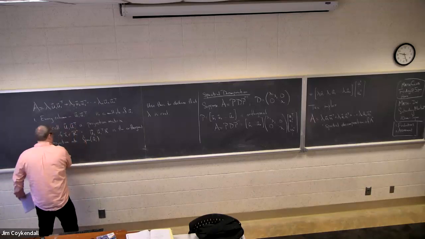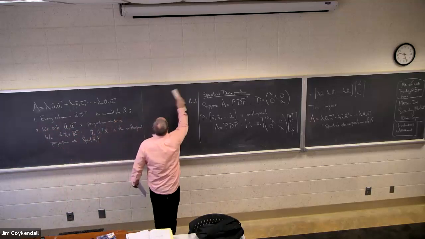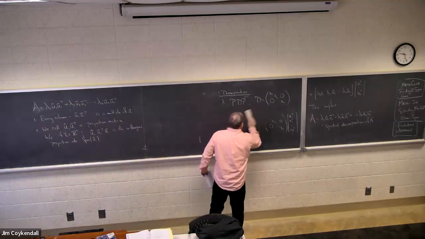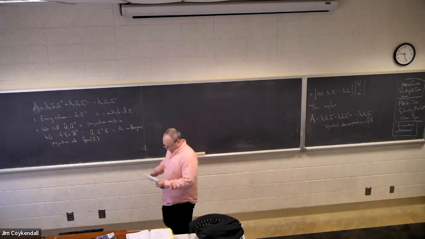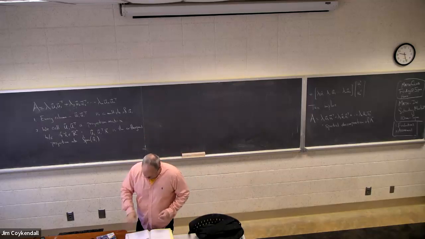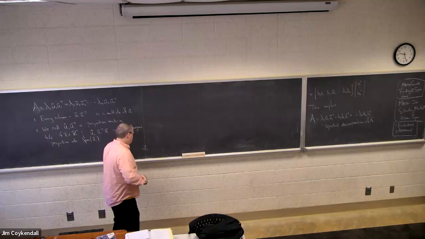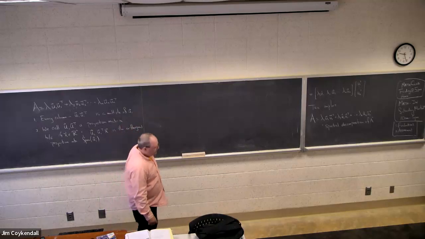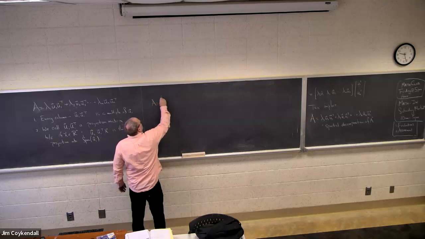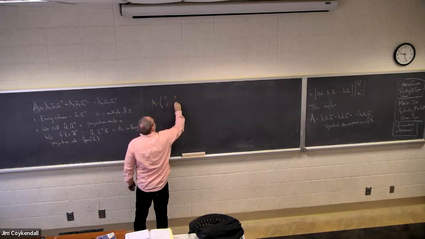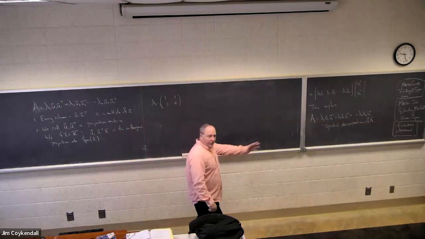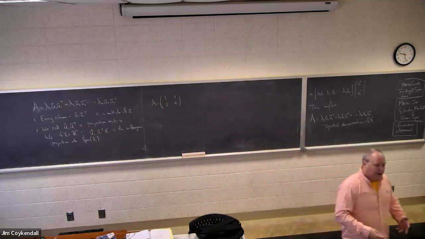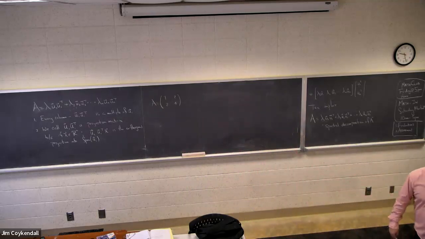So let me write down this matrix here. And let's build this thing here. Okay, so notice this is a symmetric matrix, so I should be able to get an orthogonal diagonalization of this, right? To do this, I first need to find the eigenvalues.